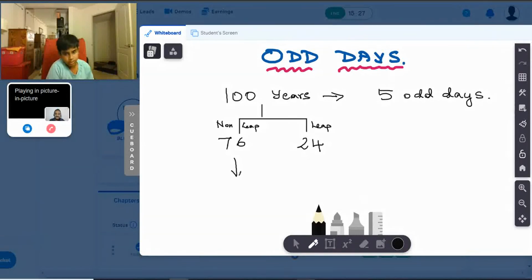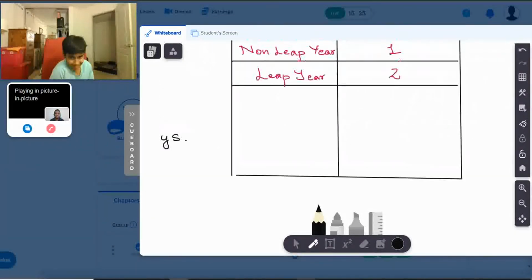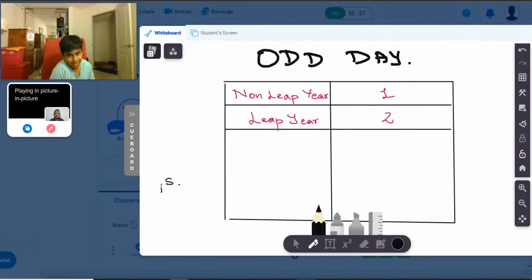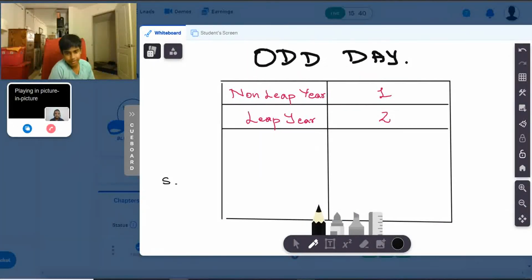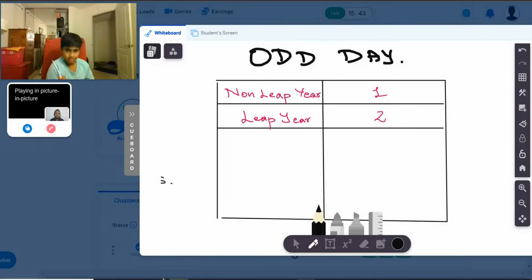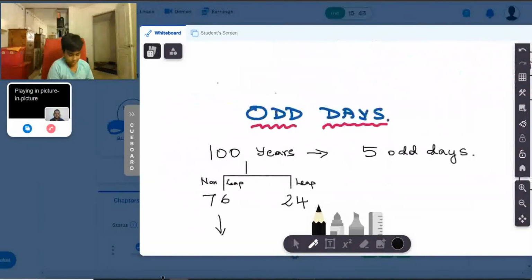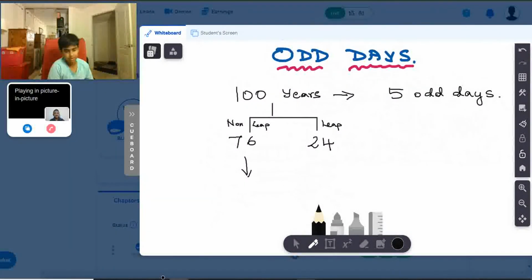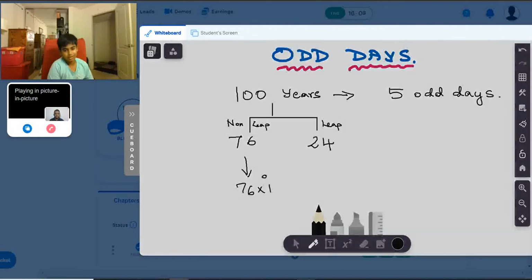Can you tell me how many odd days there will be in non-leap years? A normal year has 1. So how many odd days will there be in 76 non-leap years? 76, correct.